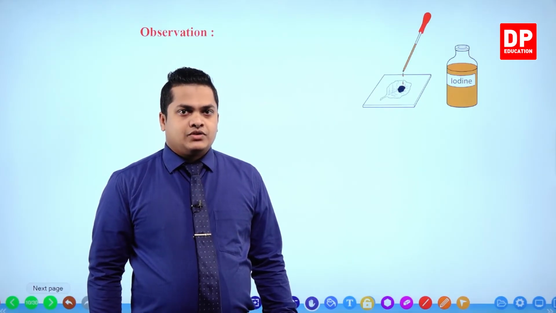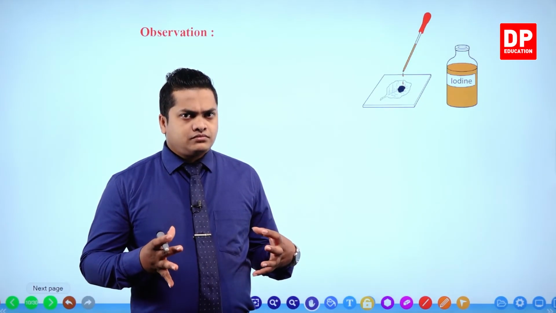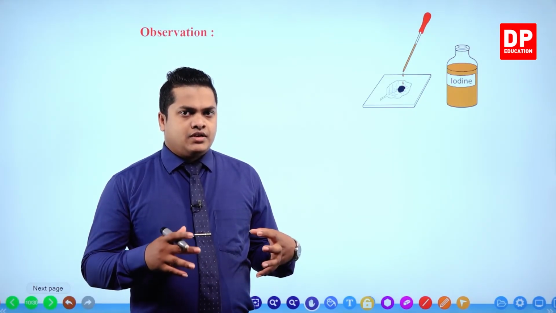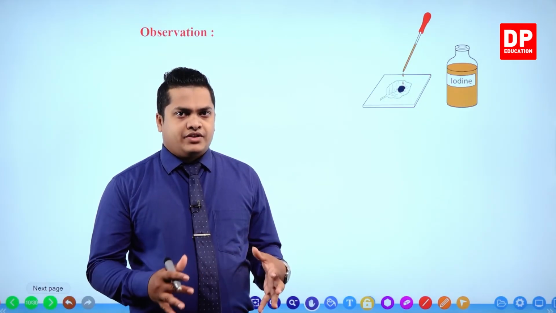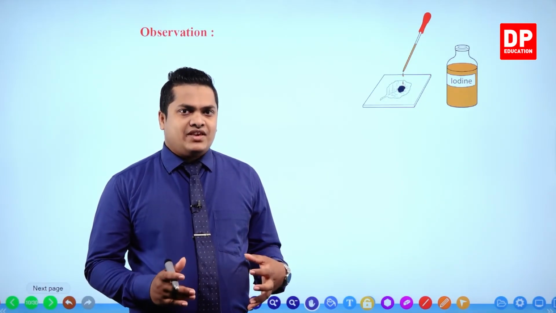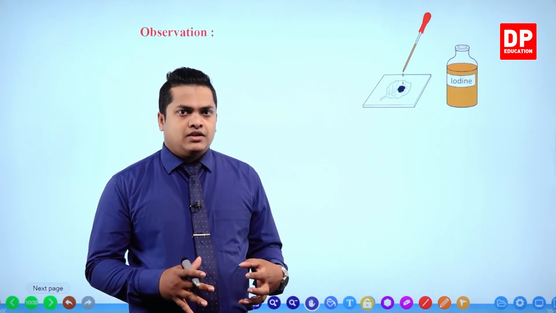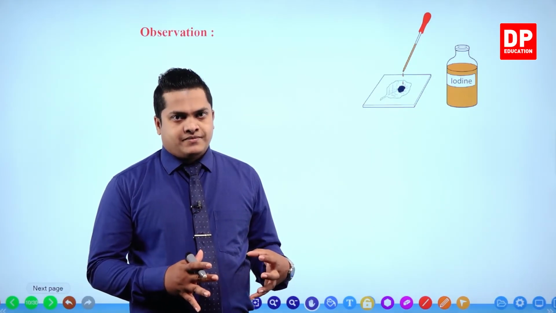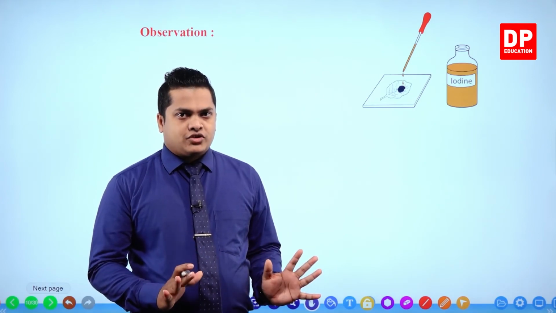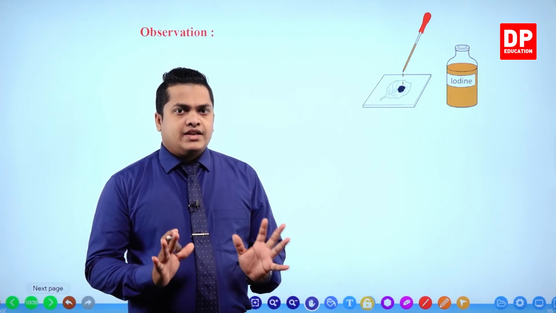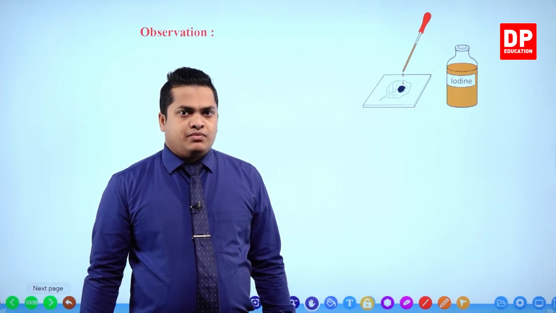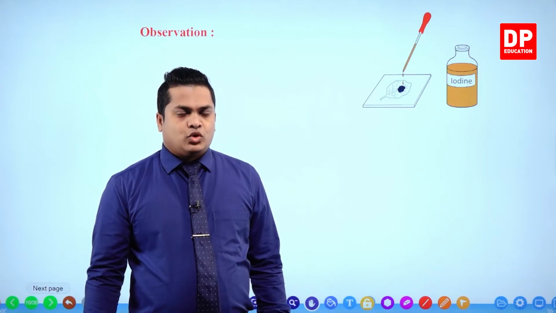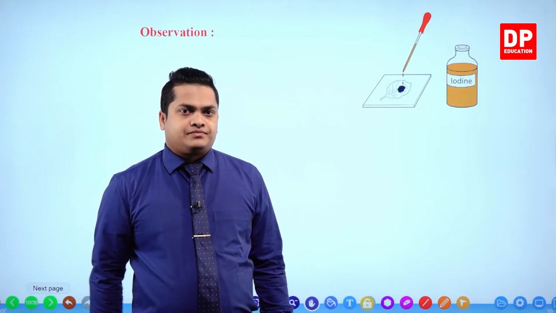So my dear children, here we could clearly observe that starch has been produced. Iodine is giving out that blackish blue color with only starch. If there is starch, then iodine color is changing into blackish blue from yellowish brown. Normally it has a brownish yellow color.